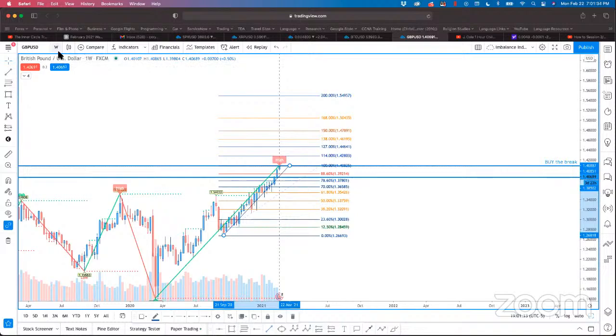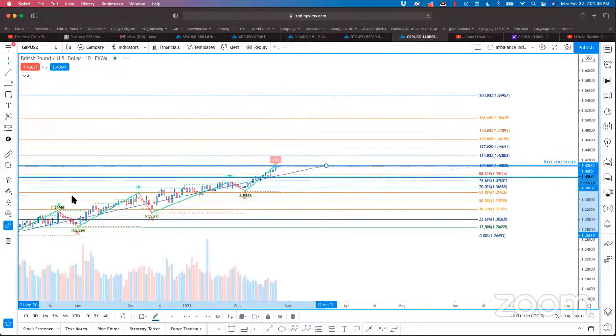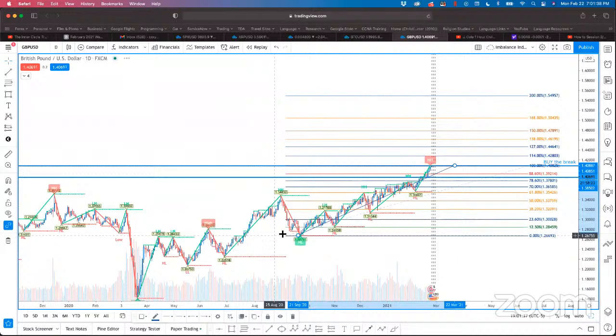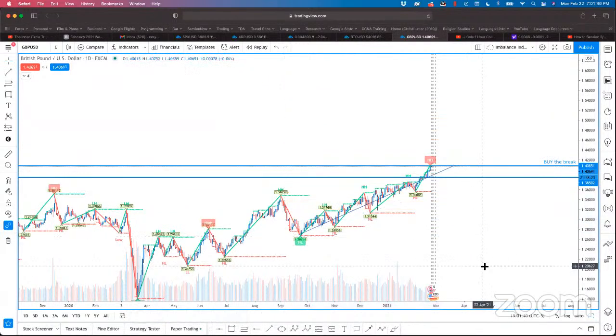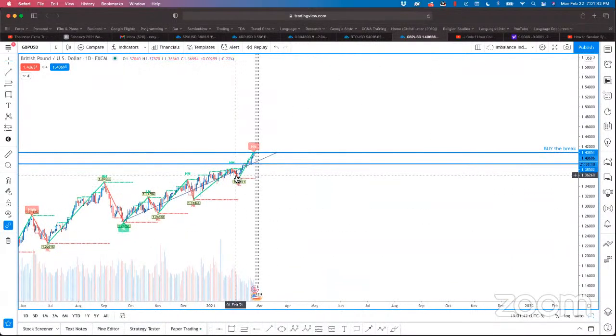Now I'm going to go to the daily. If you were ready to buy it, you had a pullback right here, here, and right here. You could have got in on. So 1, 2, 3. Even this would have been a good little entry right here.